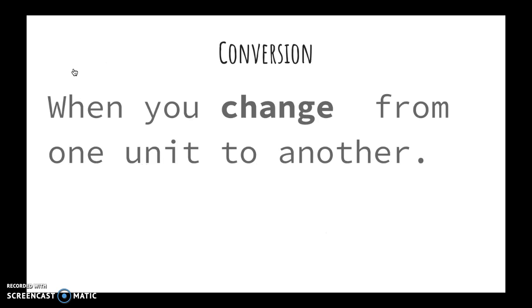So like we talked about yesterday, a conversion is when you change from one unit to another. In this case, we're changing units of capacity, so gallons, quarts, pints, cups, and fluid ounces.